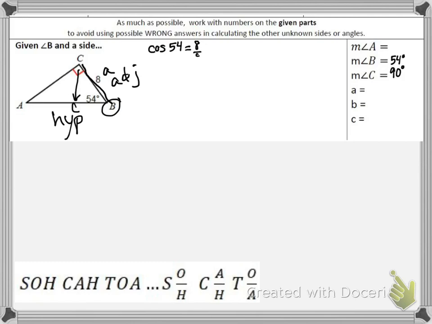Okay. Just like we did on page 1, we're going to put a 1 underneath this. We're going to cross multiply. This puts here and here. So we're talking about C times cosine 54 equals 1 times 8 is 8.